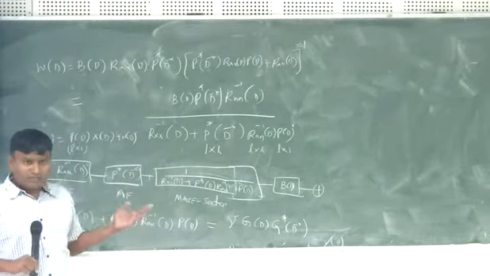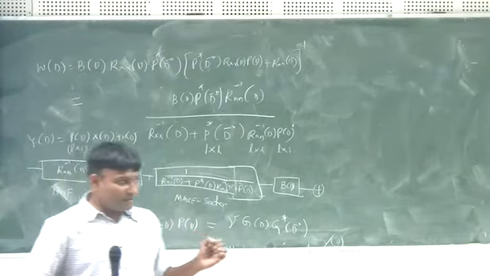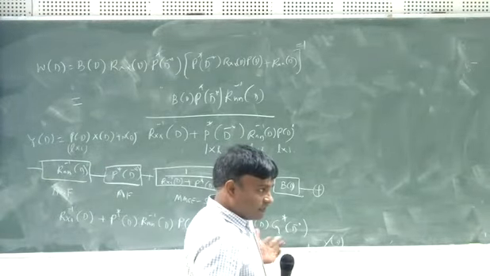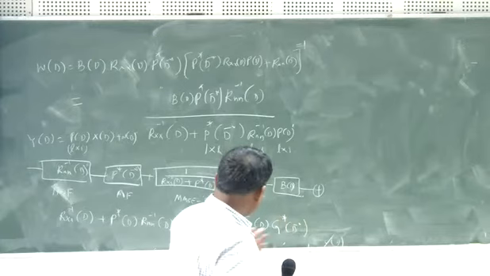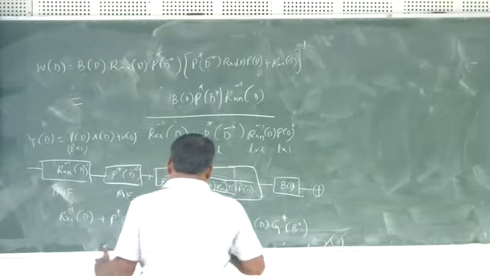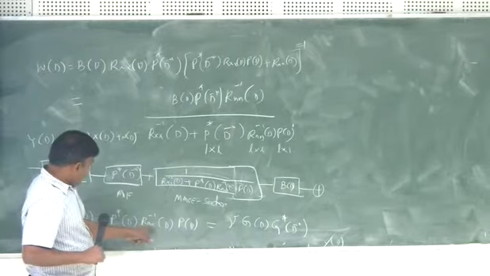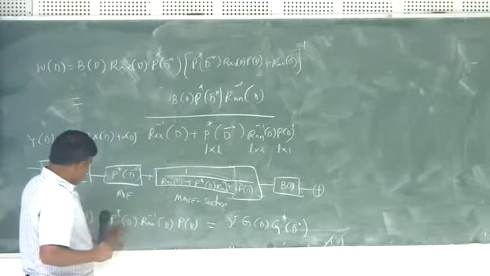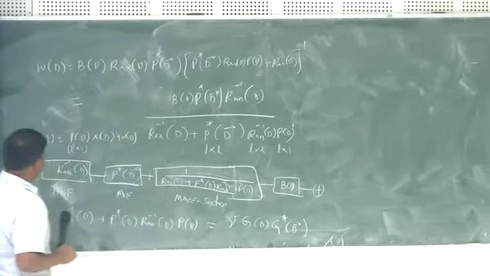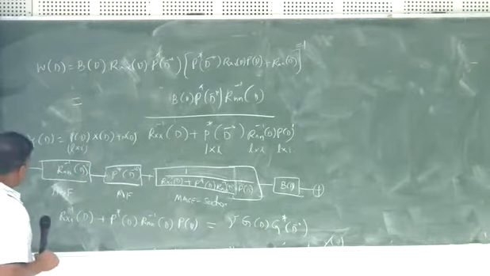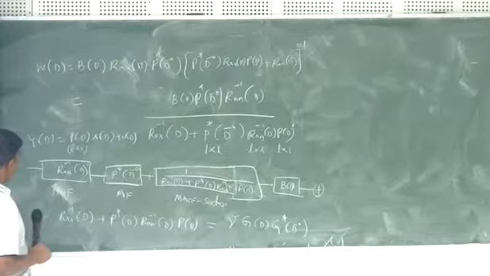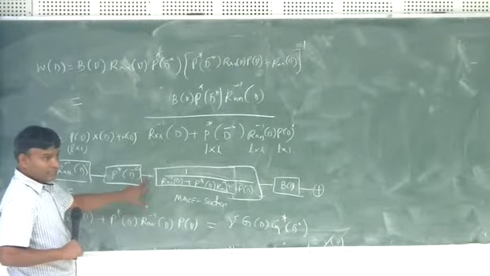You can call it some type of covariance, because covariance obeys the Hermitian property. It is some kind of a covariance. If you look at this keenly, this part is indeed the covariance of the noise at this point, right?